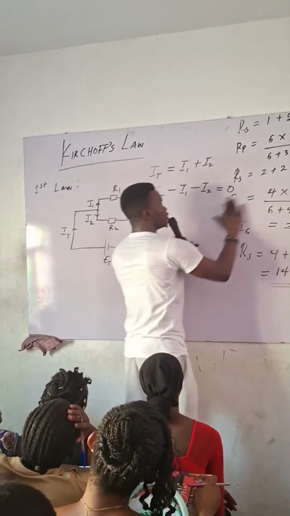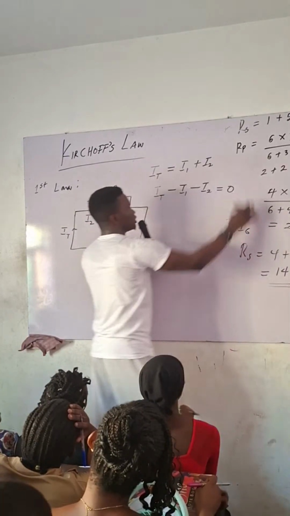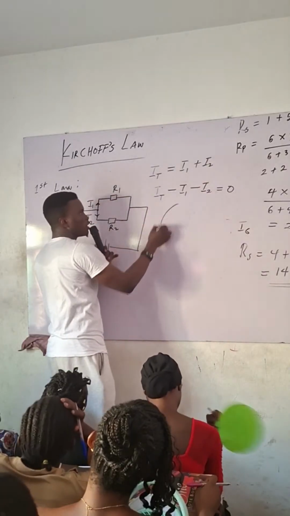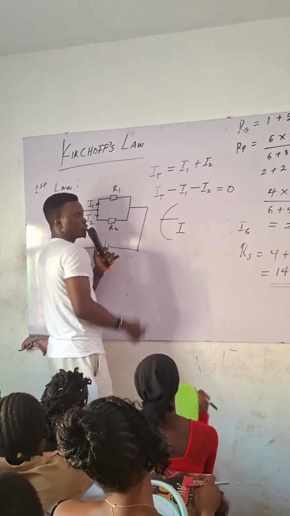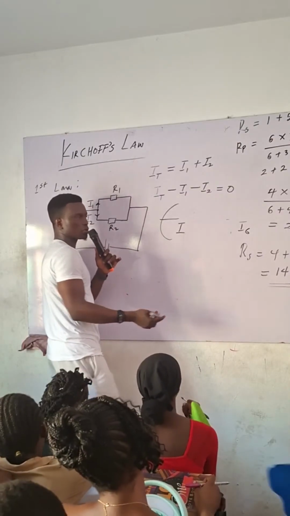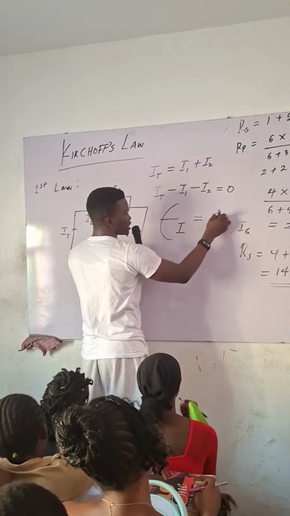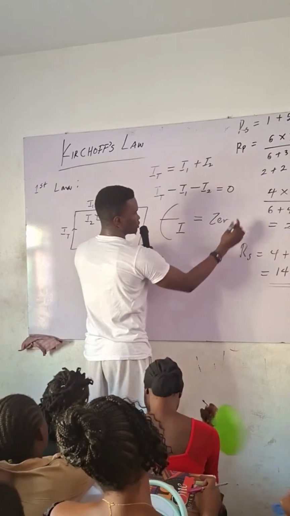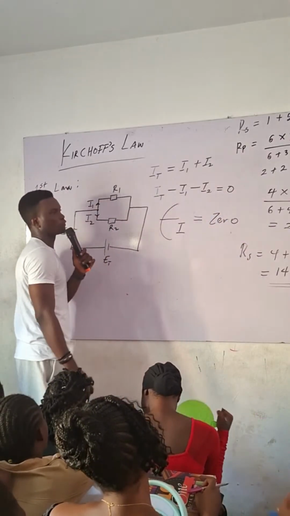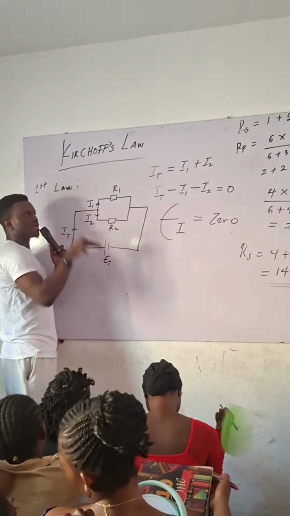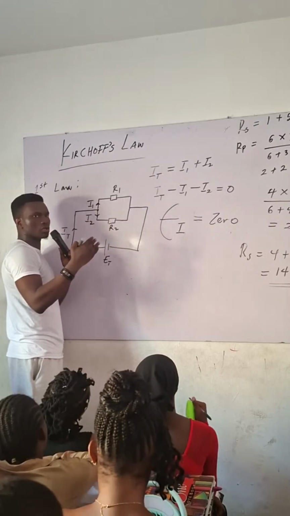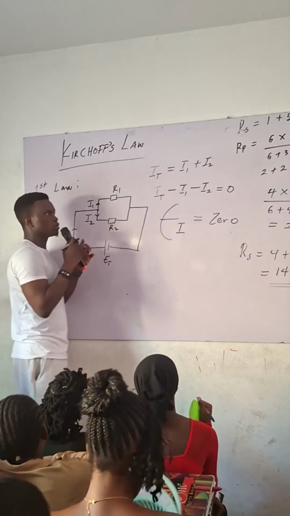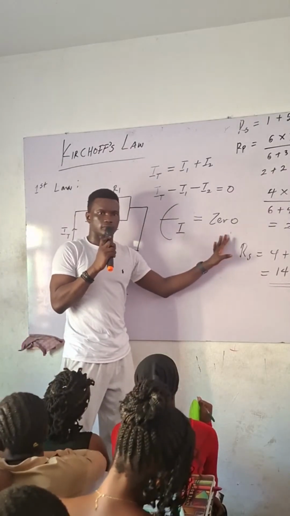Meaning that the sum of all the currents, putting directions into consideration, will be equal to 0. The current entering and the current leaving, when you consider their direction and you sum everything together, it will be equal to 0.